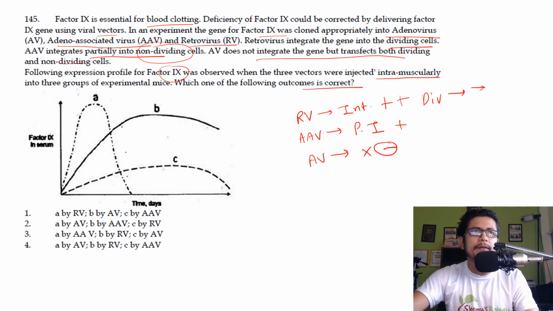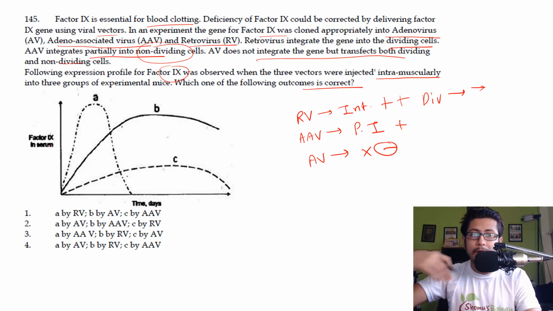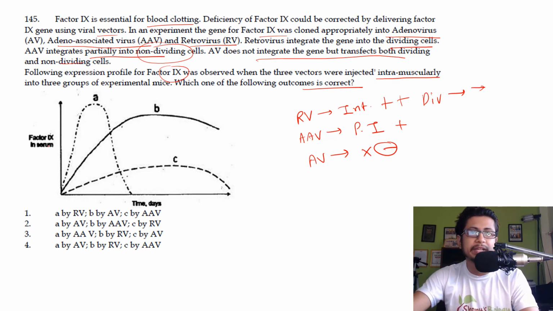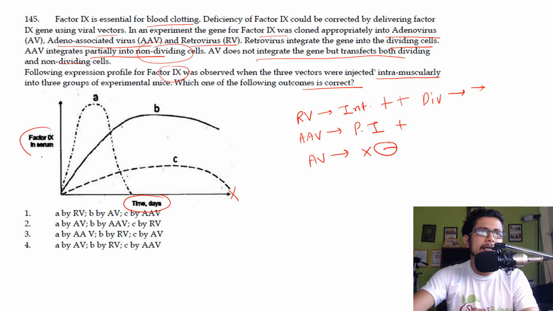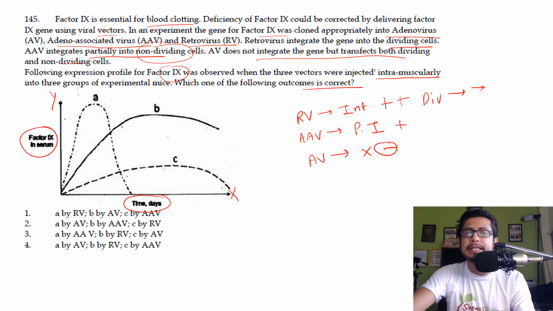So if you look at the graph, it's showing, after the process of gene delivery is done, the time in days on the x-axis, and factor 9 present in the serum on the y-axis. So obviously, if our target gene is integrated, then we will see a spike in the production of factor 9, and the maximum spike we find is here for B, okay, and it is sustained for the maximum duration.